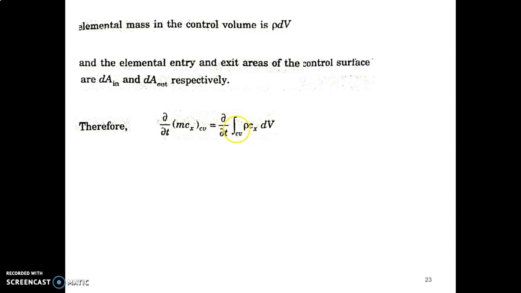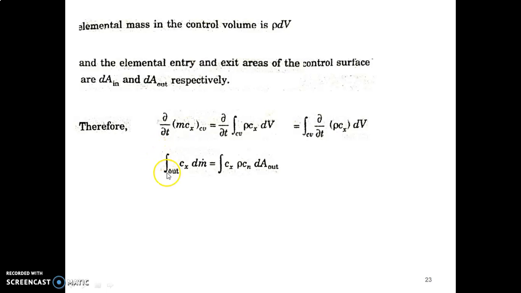So dou by dou t of the integral over the control volume: the mass m term is converted to integral rho dV, like we did in the earlier case, and Cx will also be there. So rho Cx dV will be the final form. We can also take the partial derivative with respect to t inside the integral over the control volume.